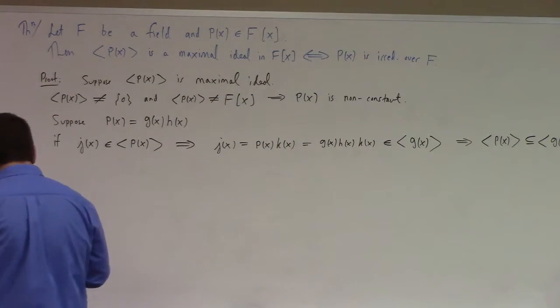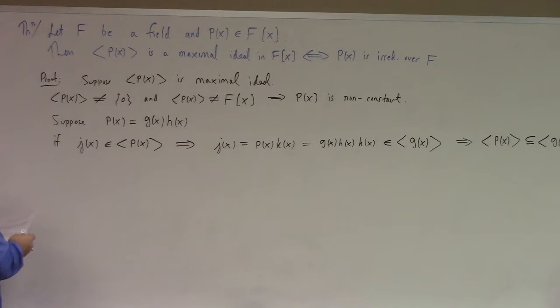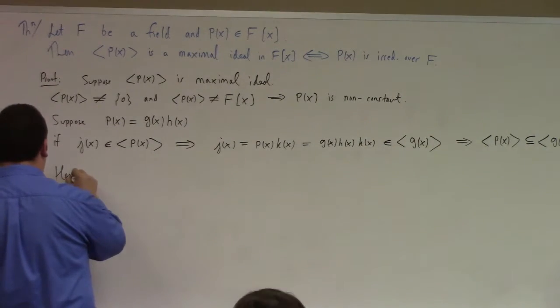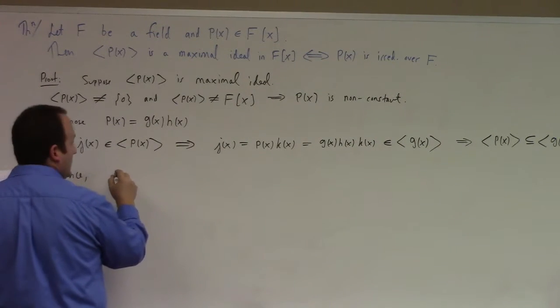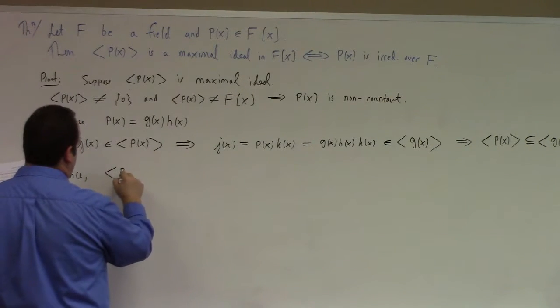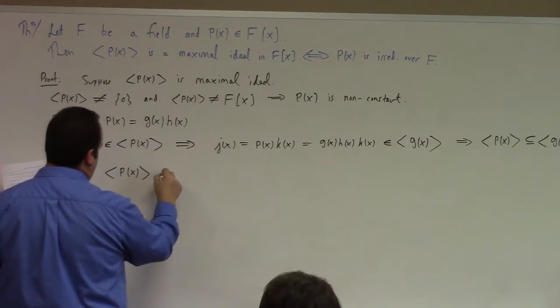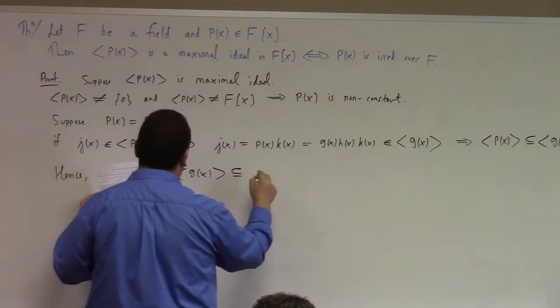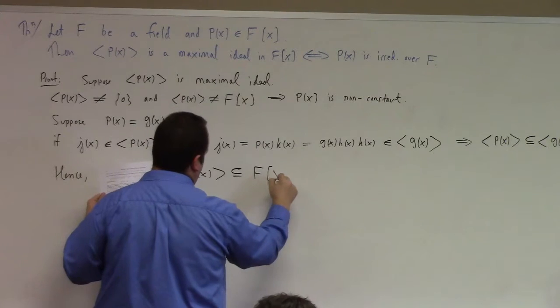So then what? Hence, just to keep score of things here, the ideal generated by p(x) is a subset of the ideal generated by g(x), right?